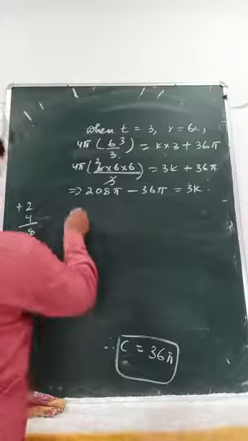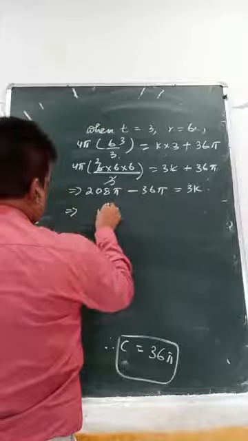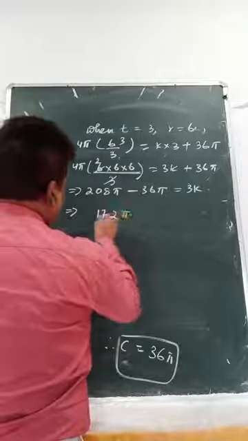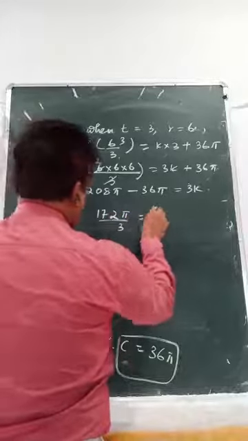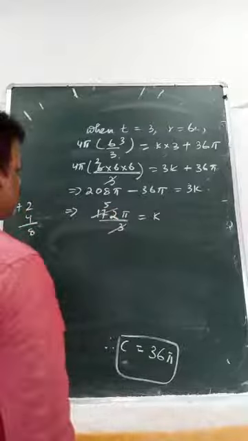Okay, that gives you 252 pi by 3 equals K. Any mistake?